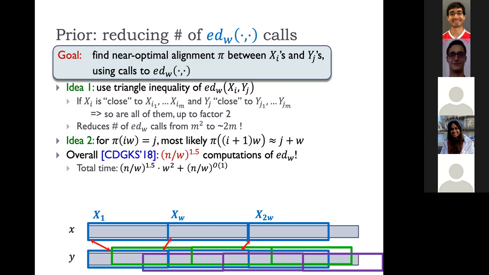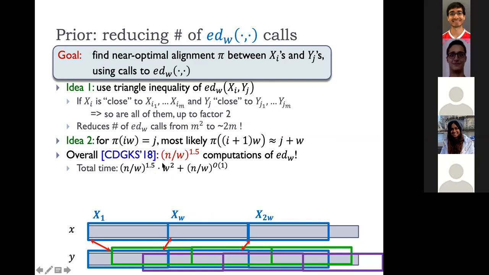What we really can show is that the number of such recursive calls to computing edit distance on shorter strings can be reduced to something like (n by w) to the power 1.5. Remember, n squared was idea zero, the adaptation of the naive algorithm. So we can reduce it a little bit to 1.5, and so the total time becomes (n by w) to 1.5.